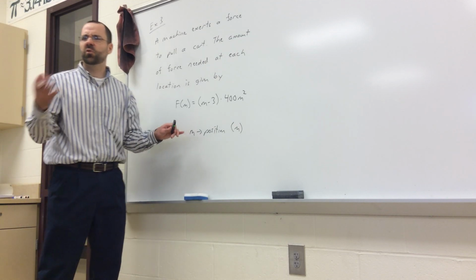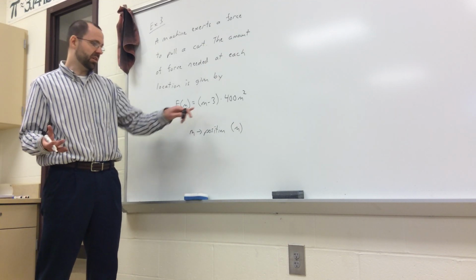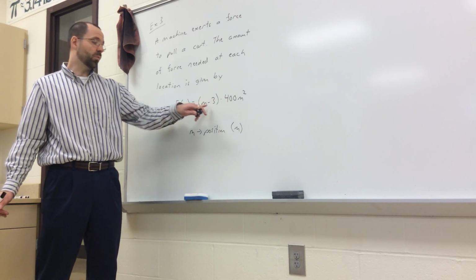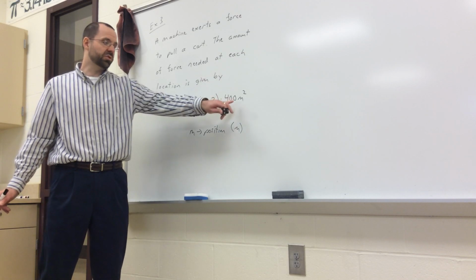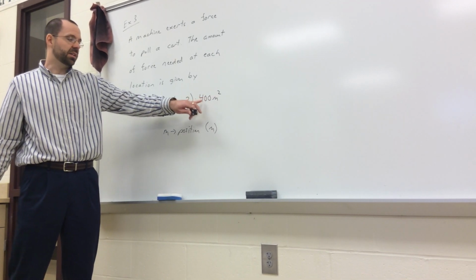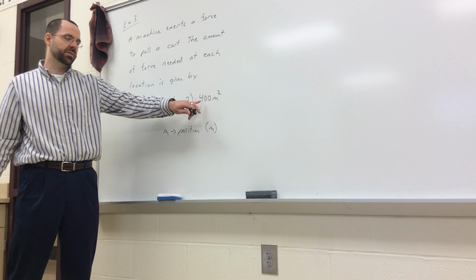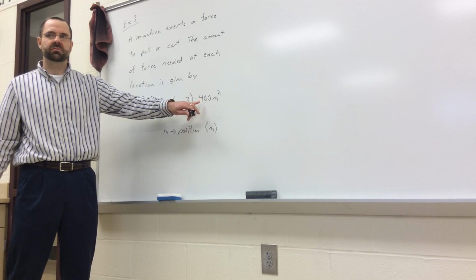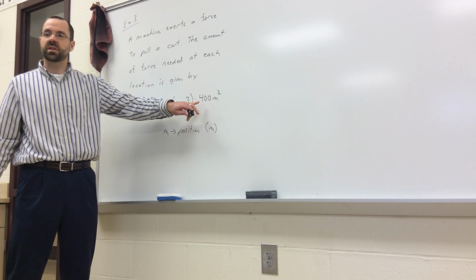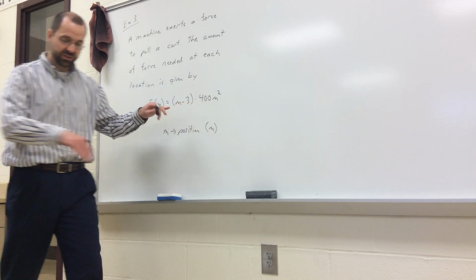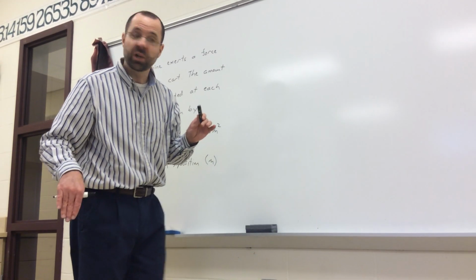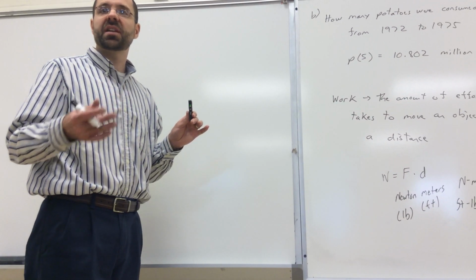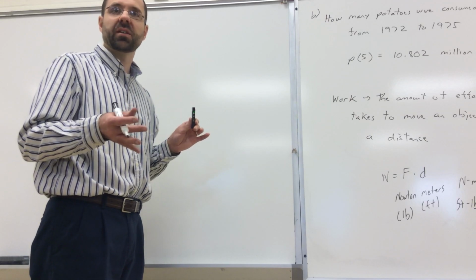So just to further solidify what's going on with this function, let's plug a 4 into this. So 4 minus 3 is 1. 4 squared is 16. And then 16 times 400 is 6,400, I think. So that means that when you're at, so here's the 0 mark, when you're at the 4 meter mark, it takes 6,400 newtons to push this thing.